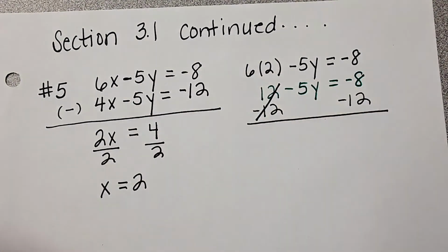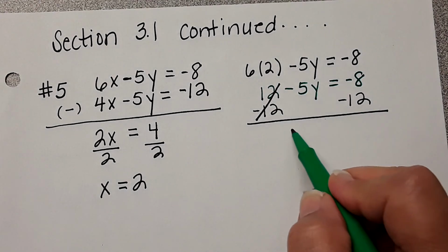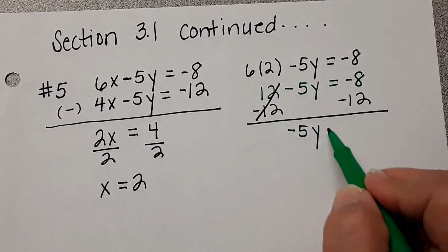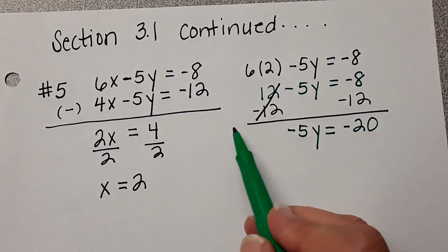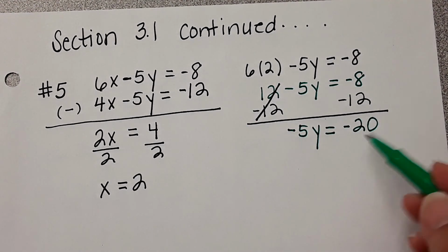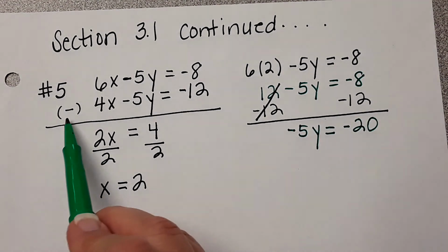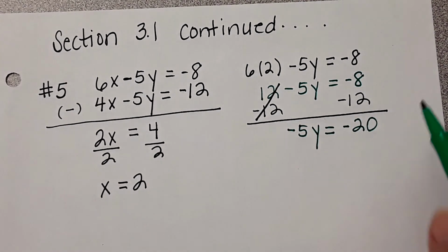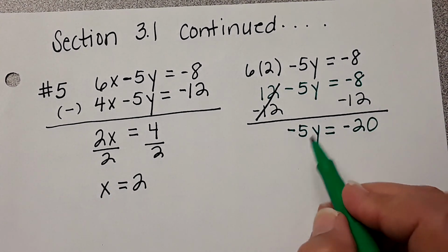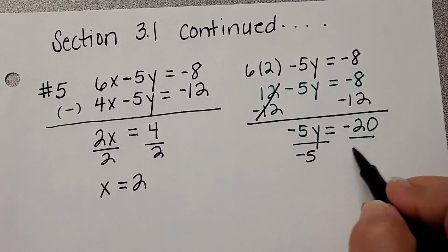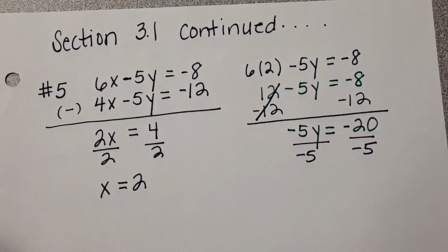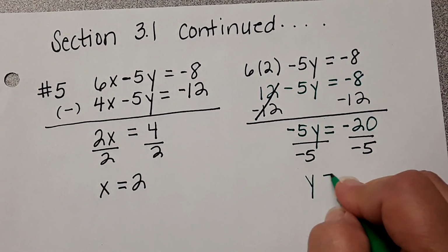These cancel out. They are eliminated. I'm left with -5y equals -20. Since there's not a negative sign on the outside, that's why it's -20 this time. Before, there was a subtraction sign, that's why it was 4. Then I'm going to divide by -5, and my y equals 4.